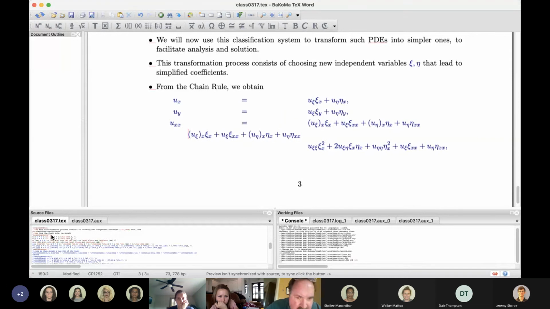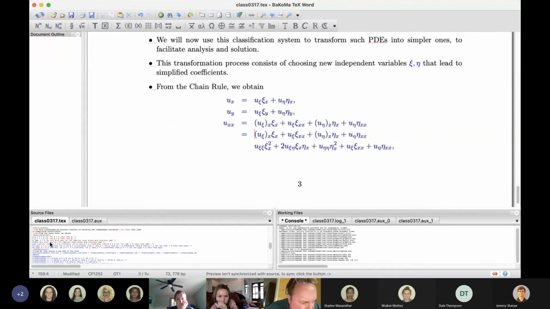So I can write this as u_x with respect to ξ. Similarly here, I can write this as u_x with respect to η. And then I have my formula for u_x up here that I can substitute.